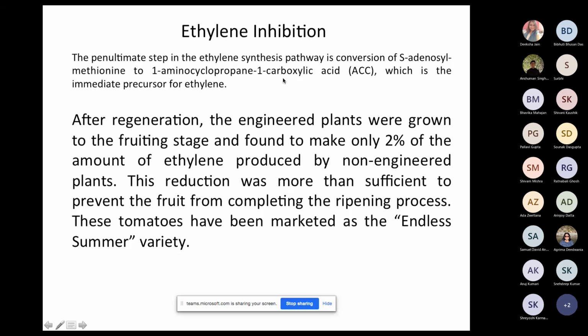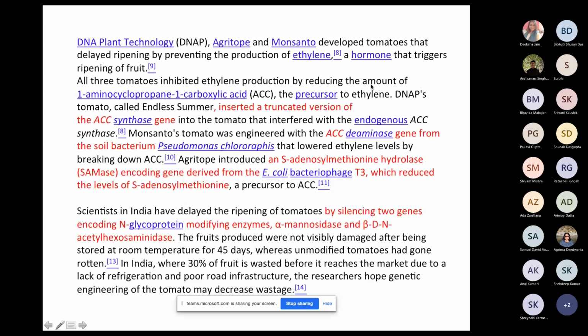In another one, what they had done was that they had introduced a gene called ACC deaminase, which will break down ACC, and so the ethylene synthesis will be affected. And in the third case, they had introduced a hydrolase, which reduced the level of SAM, which is a precursor to ACC.